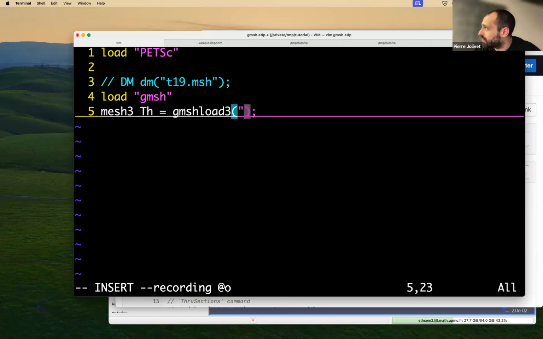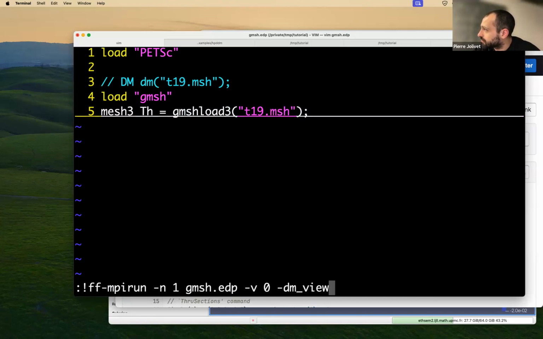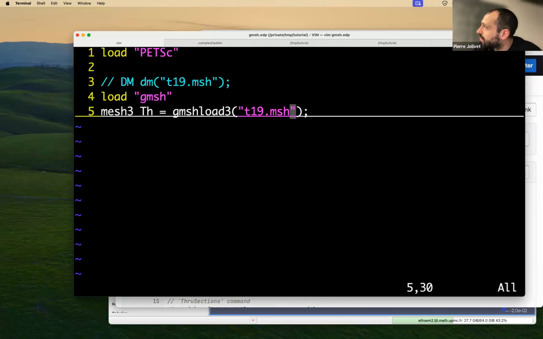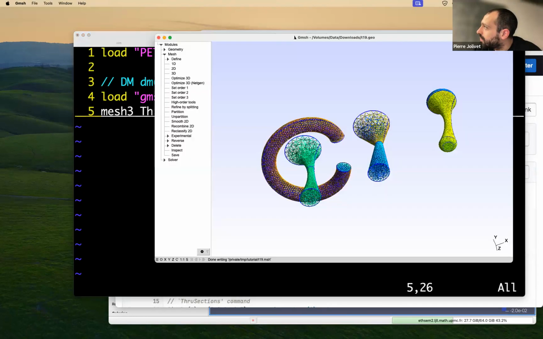I always forget about the API as well. No, okay, so I'm missing something.